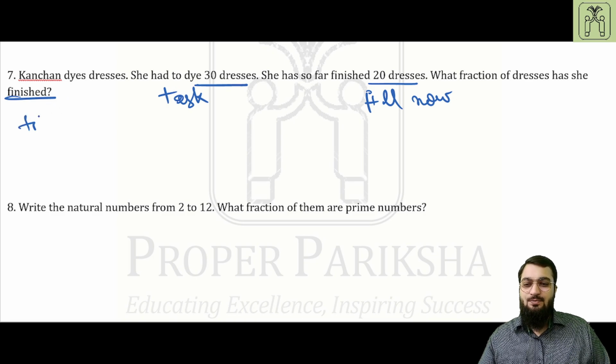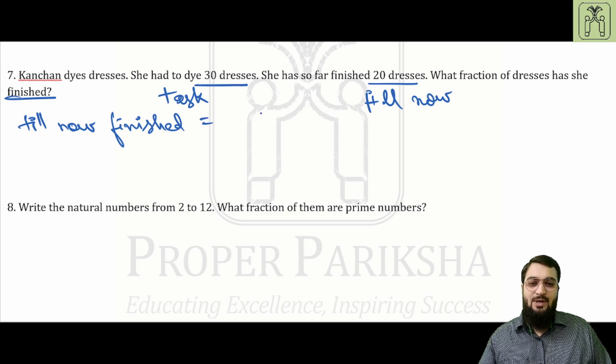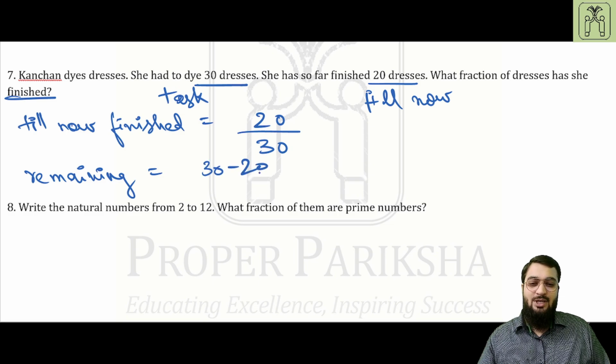So till now finished is equal to 20 dresses upon 30 dresses, that is the total task will be 20 upon 30 as a fraction. And if we talk about remaining, then we'll just write 30 minus 20 upon 30 is equal to 10 upon 30.